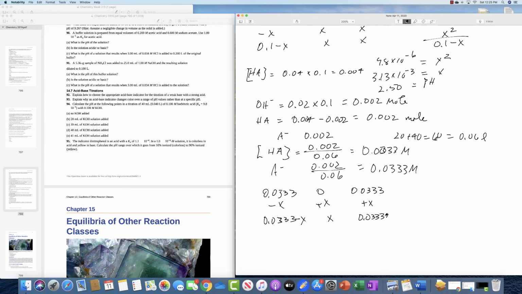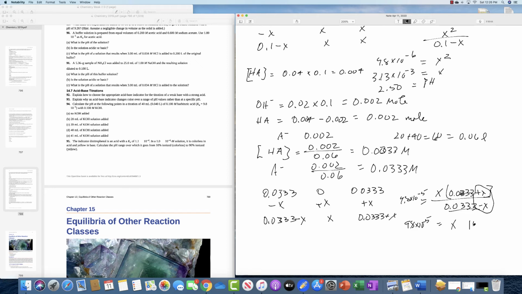So when you do your formula here, it's going to be X times 0.0333 plus X divided by 0.0333 minus X. Again, if you assume these are small compared to this, you're left with this, and these cancel each other out, and so this is equal to 9.8 times 10 to the minus 5, and so X is now equal to 9.8 times 10 to the minus 5.